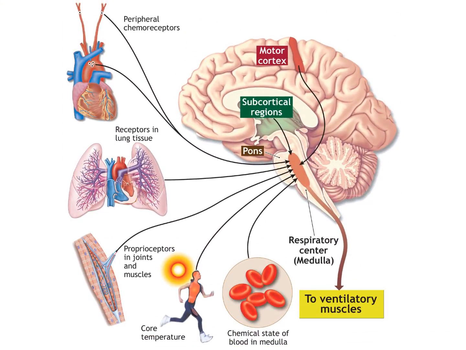This schematic shows us how different receptors perceive information and relay it to the respiratory center of the brain, the medulla oblongata. The medulla integrates this information and sends an appropriate response to the ventilatory muscles. Also note that the motor cortex could have an effect on the respiratory center.